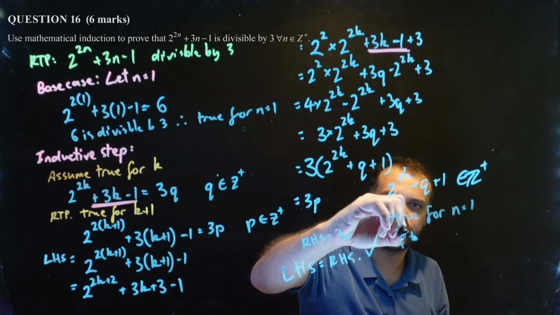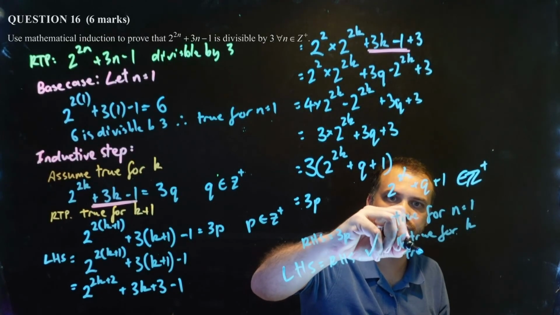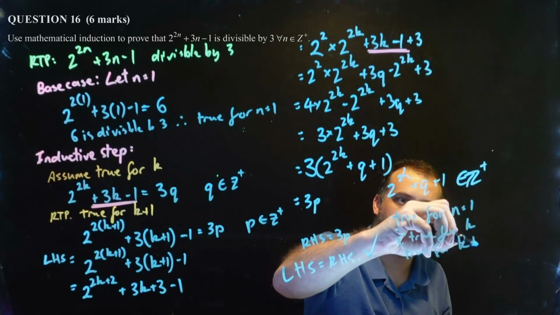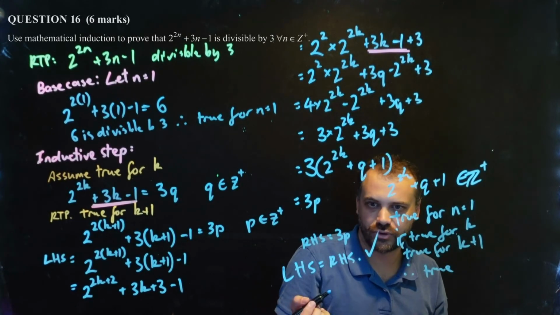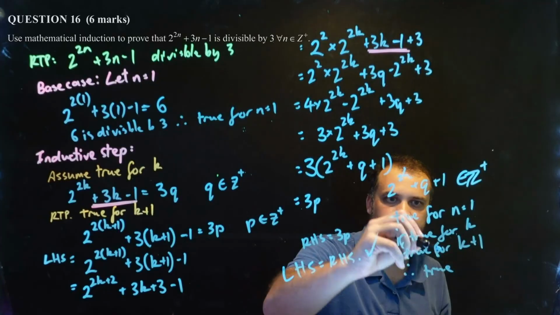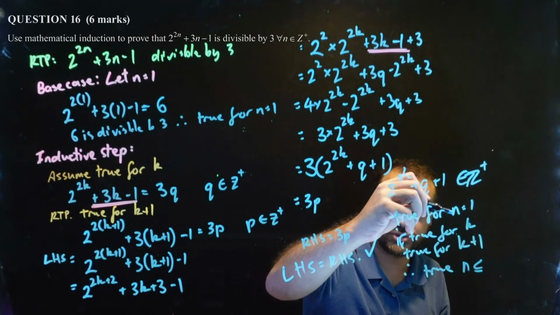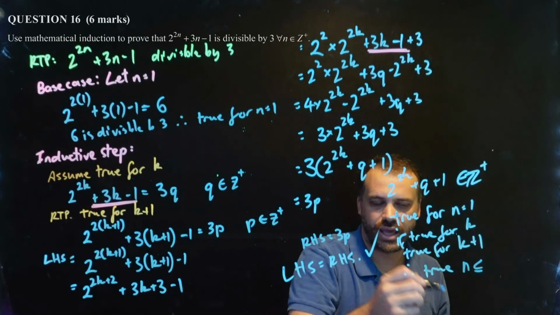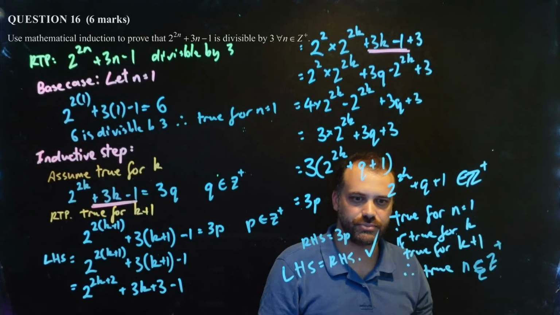If true for k, true for k plus 1, therefore true for n in the set of positive integers.